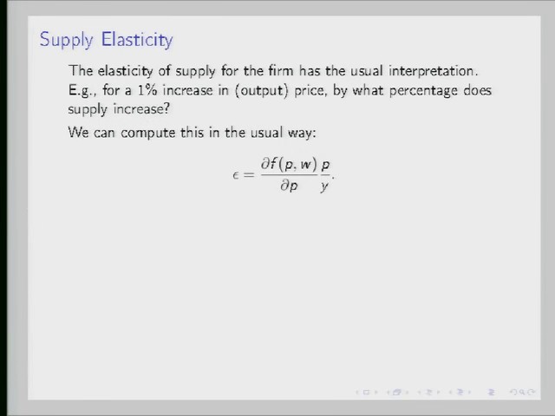So I'll remind you from last time that we worked out an expression for firm supply using a Cobb-Douglas production function.